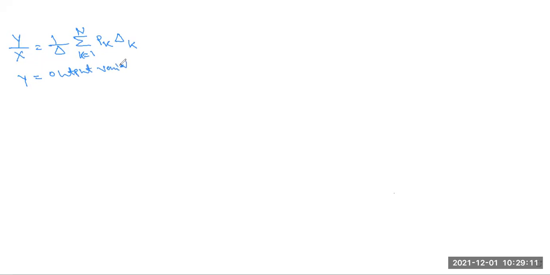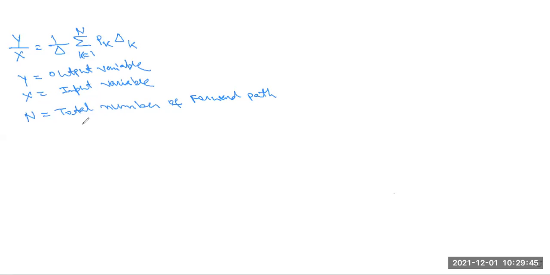variable, X is the input variable. Okay, n is the total number of forward paths. Okay, P k, we have to know that P k is the path gain of the kth forward path.